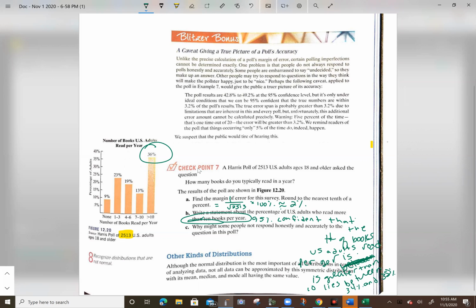What we did was take this 36%, because it wanted to know greater than 10. I don't know why it didn't give us a mean after that, that's what they just showed you. We add that 2%, and that's where we get the 38%, and we subtract that 2%, and that's where we get the 34%. All right, you guys.